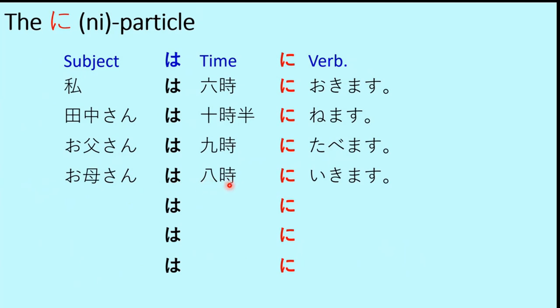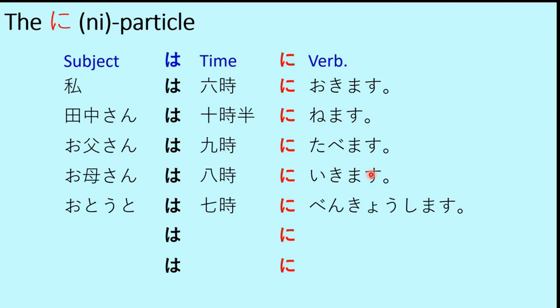Okasan wa 8時に ikimasu. My mother leaves maybe for work at 8 o'clock in the morning. My mother goes at 8 o'clock. So haha wa 8時に ikimasu or okasan wa 8時に ikimasu. Ikimasu means to go.